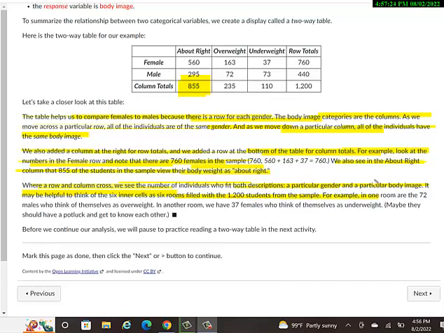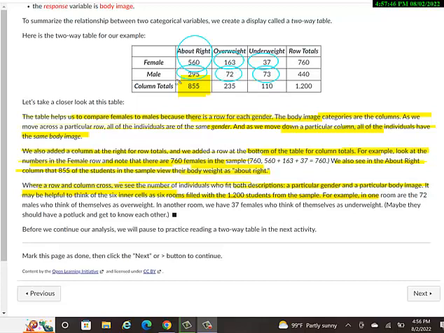So imagine there were 1,200 students and you had to go to a particular room depending on whether you were, back at the table, a female who felt you were about right, or a male who felt you were underweight, or a female who thought you were underweight. There's 6 rooms. Each of these little turquoise or blue circles represents a different room.